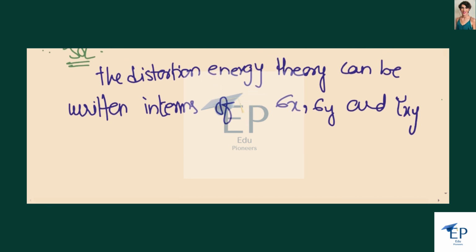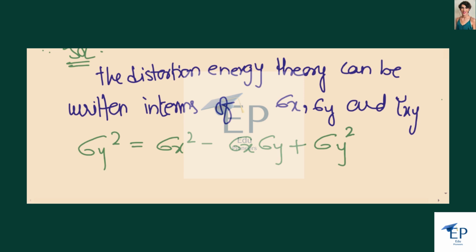So it can be written as sigma sub y square is equal to sigma sub x square negative sigma sub x times sigma sub y plus sigma sub y square plus 3 times tau square sub xy, right?